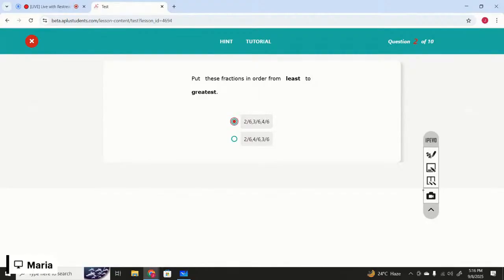Option number 1 is the correct option, 2 by 6, 3 by 6, 4 by 6. So they all have exactly the same denominator, so you can just look at the numerators.